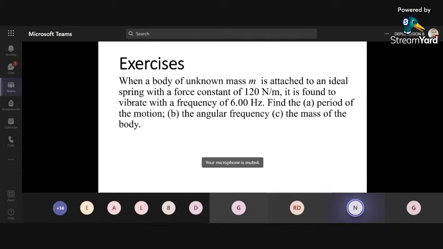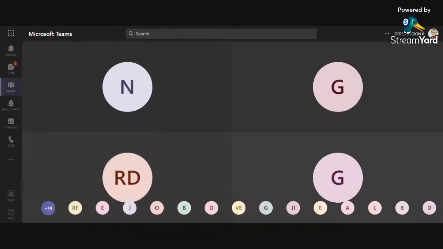Gi-off man ako ang camera. Duha mong computer ang gigamit na. Let's try daw og spotlight.